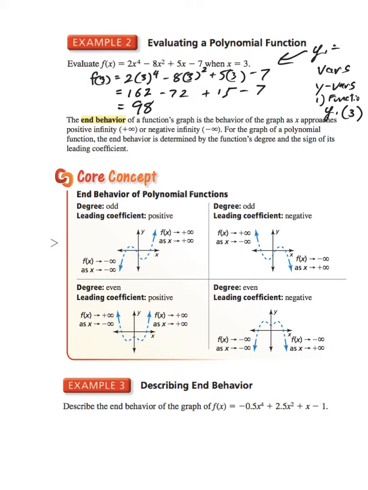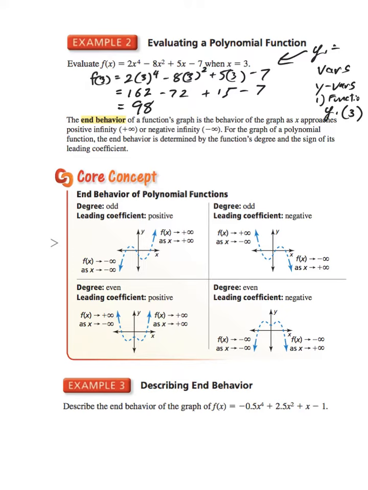So next is our next topic. This is a tool that we'll use to try to understand the graphs, called end behavior. And as I said before, the end behavior is what happens after all that wiggling in the middle. So when we talk about an odd function, this is a cubic function that's being drawn right here, with a positive coefficient in front of the x cubed term.